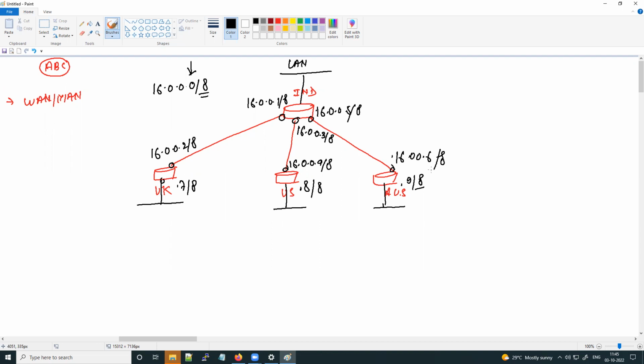The IP address that we need for the connectivity from India to UK, India to US, and India to Australia. In the same way, we also have to have the IP address at the LAN, because here my PCs are there. My PCs also need the IP address.